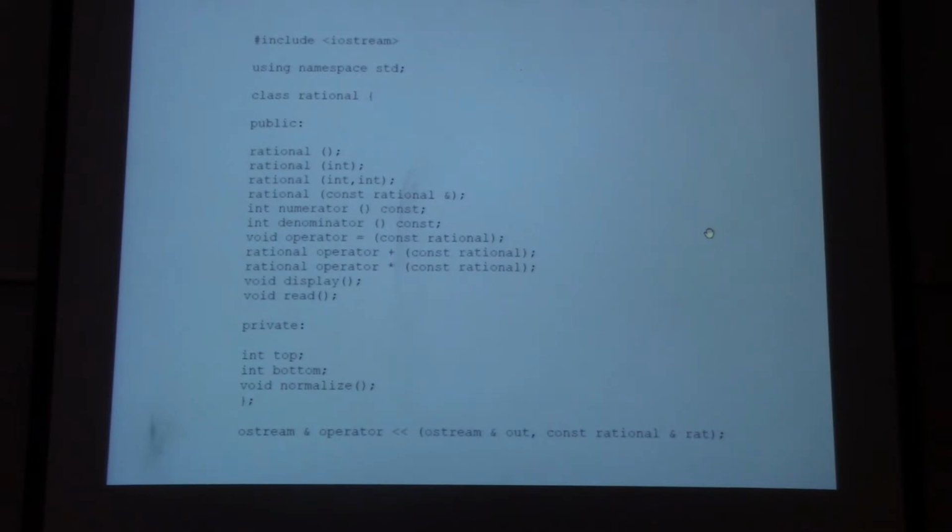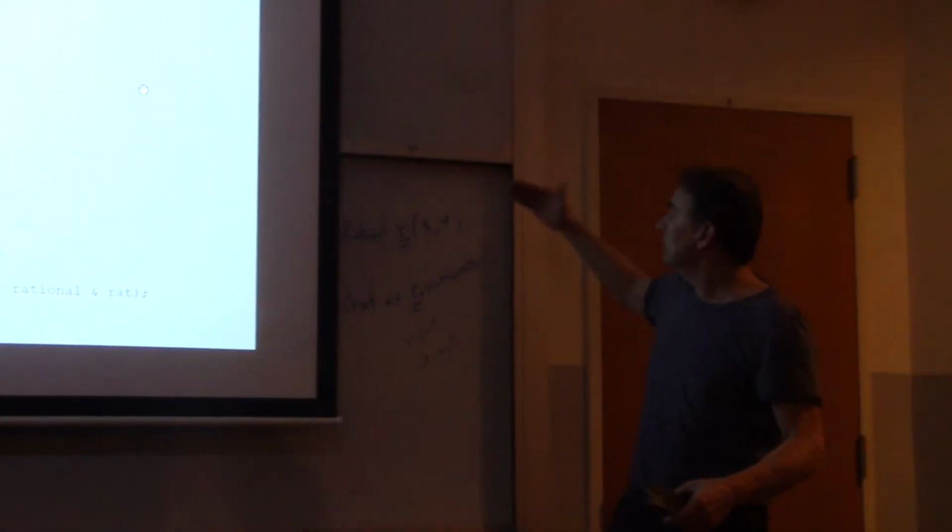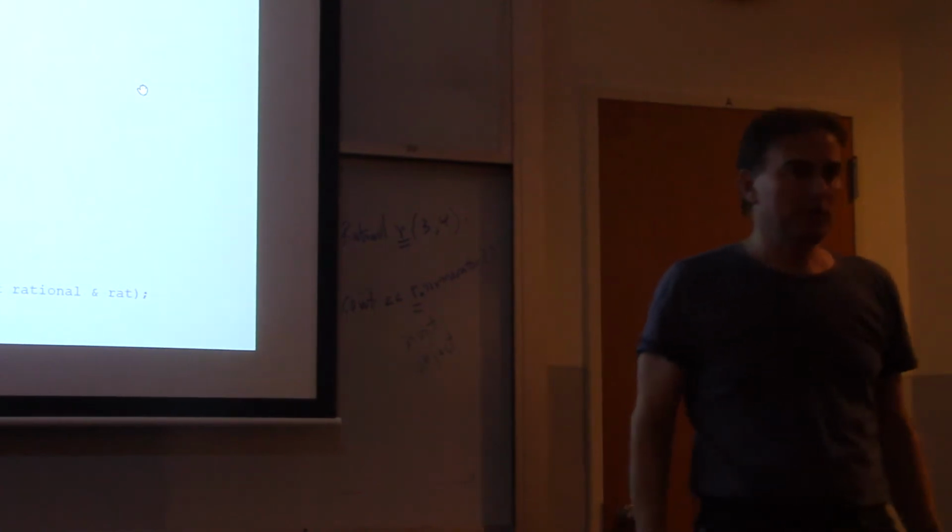Now, what could change in the host object? Well, the host object R has a top and a bottom, right? If that top and bottom is equal to 3 and 4 respectively, then when I say cout R.numerator, I can be certain that when this line of code executes and I go to the next line, the value of top and bottom is still 3 and 4.